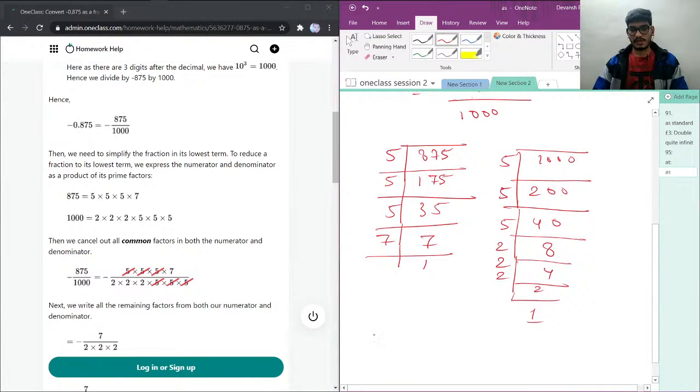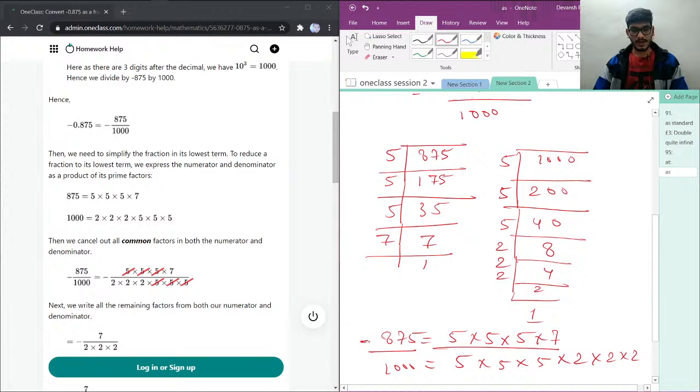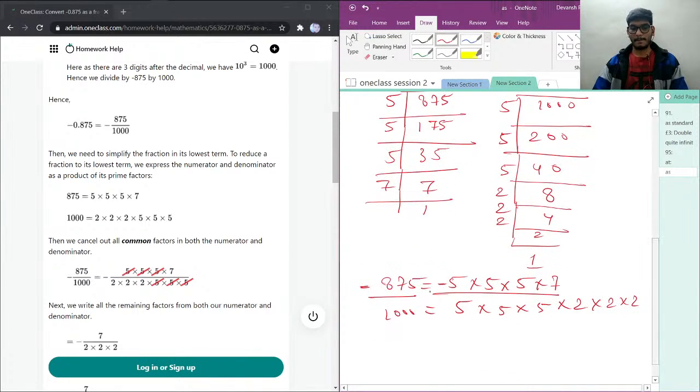So we can write 875 as 5 into 5 into 5 into 7, and we can write 1000 as 5, 5, 5, 2, 2, 2. Then we had a negative sign here, so a negative sign will come here.